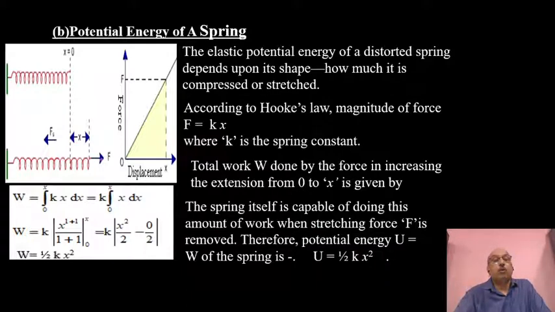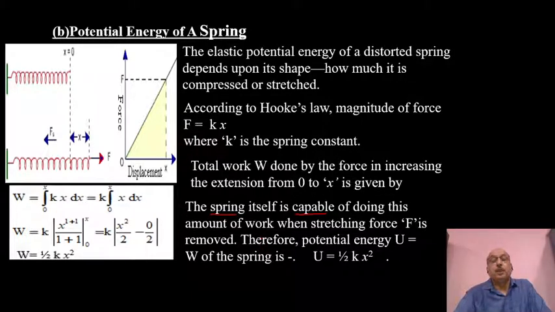When the external force which is stretching the spring is removed, then this amount of work done, that is half kx squared, is capable of doing work by the spring.